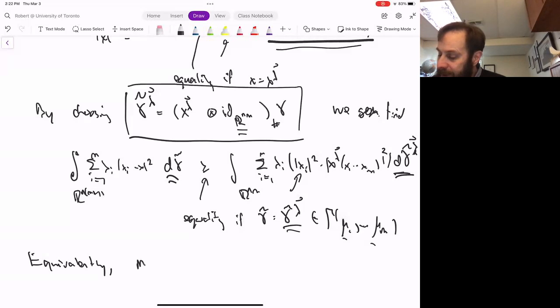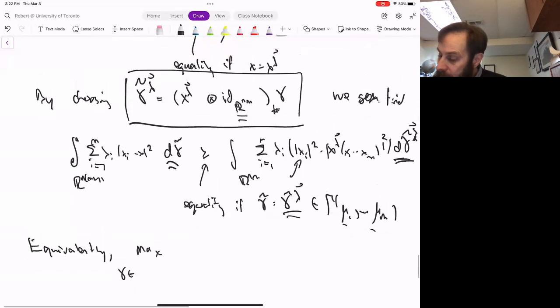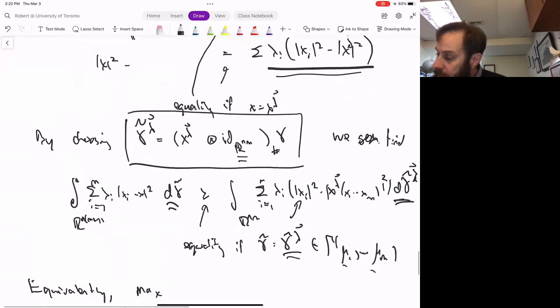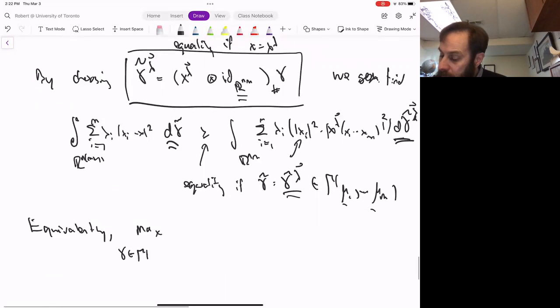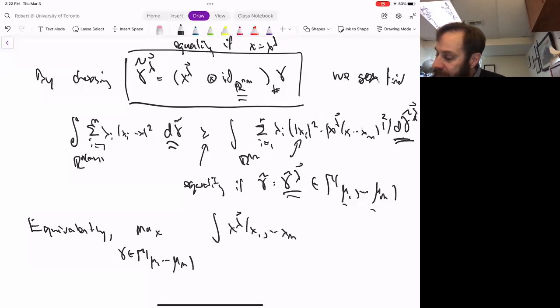I'm trying to maximize over gamma having marginals mu_1 up to mu_m. And the sum of the lambda is 1 again. So I'm just trying to maximize the integral of x lambda (x1 up to xm) squared d gamma tilde.